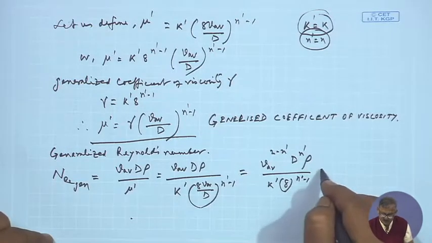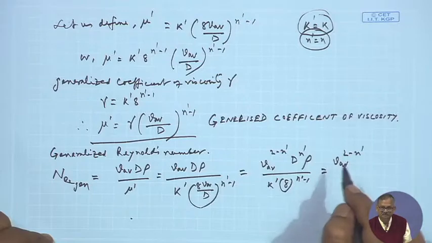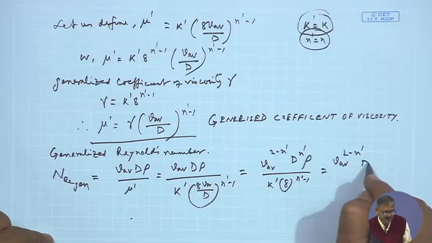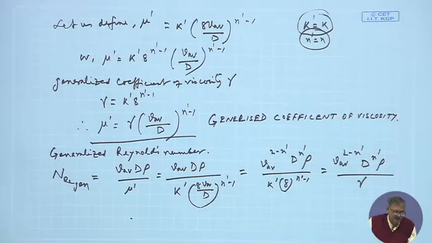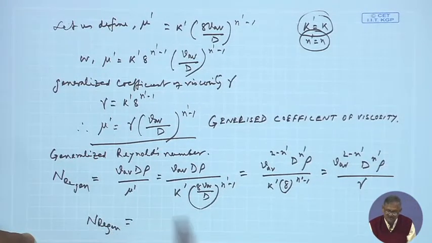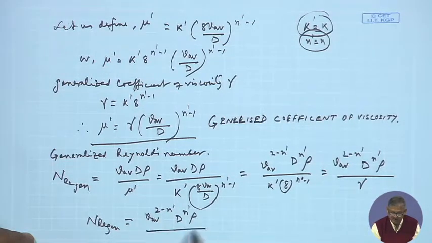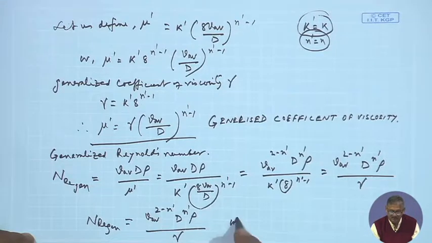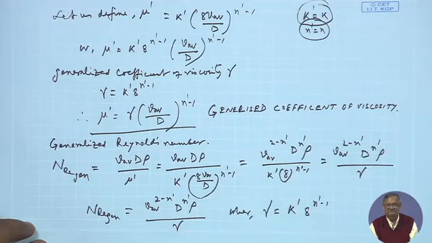So, the NRE general is equals to V average to the power 2 minus n prime d to the power n prime rho over gamma, right, where of course gamma is equals to k prime 8 to the power n prime minus 1, right.